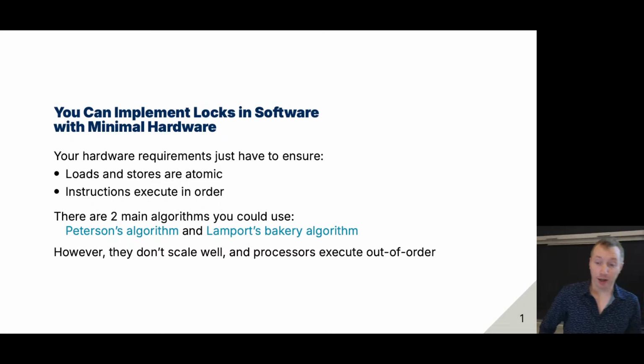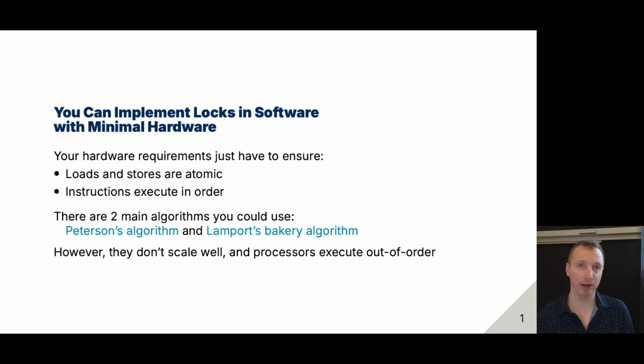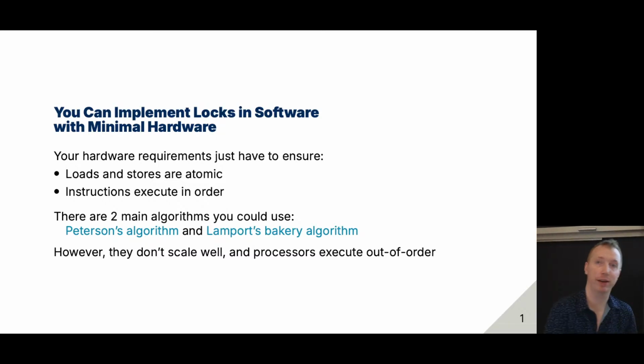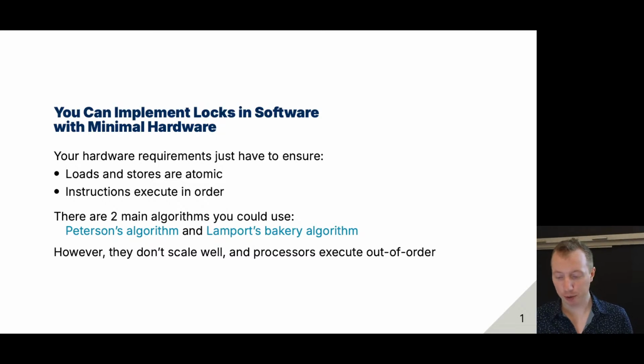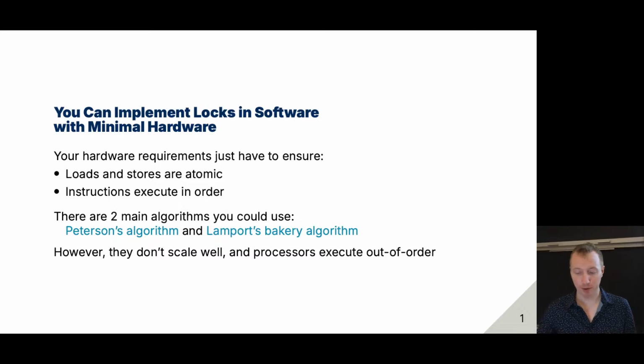So, you can implement locks in software with minimal hardware requirements. The lowest hardware requirements are that memory loads and stores are atomic. Again, remember, atomic means it either all happens or it doesn't. There's no in between. And the other requirement is that instructions execute in order.